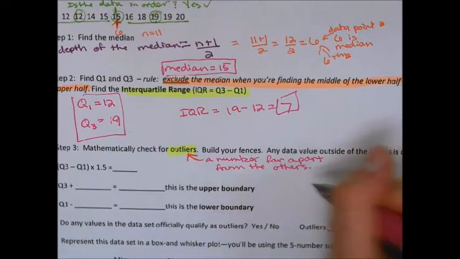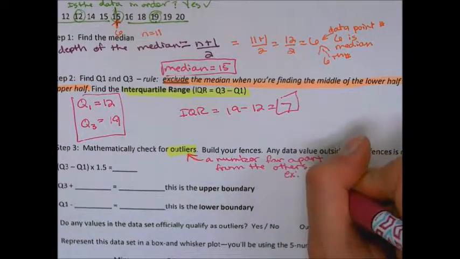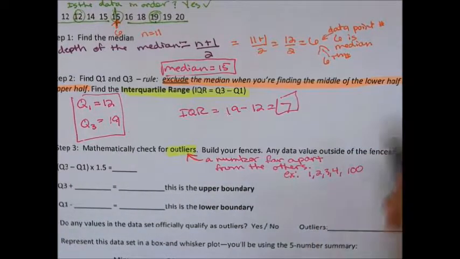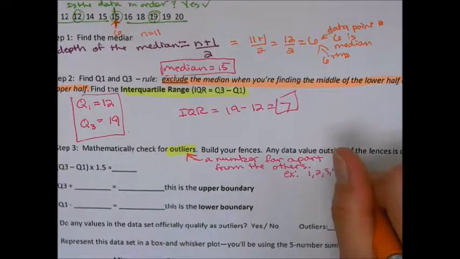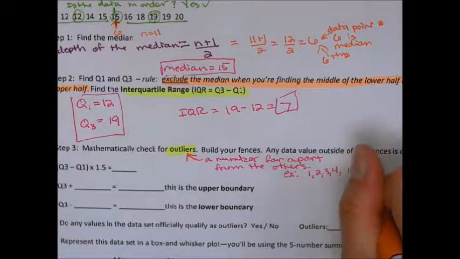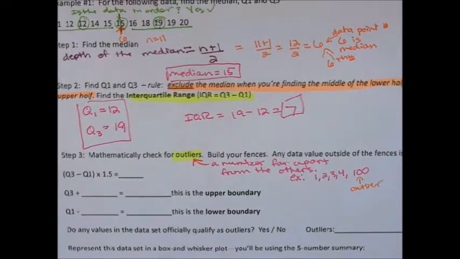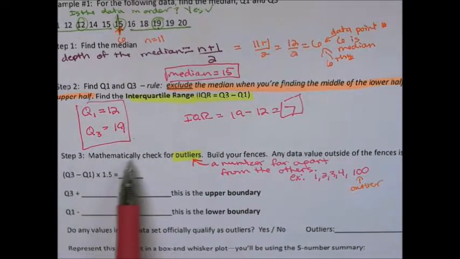So let's look at an example as if I had 1, 2, 3, 4, 100. This would be an outlier because these are all really close together. And we have a mathematical way to check that.